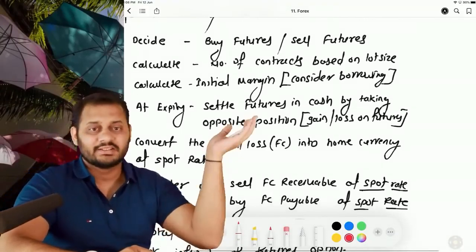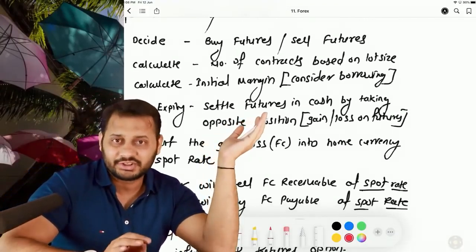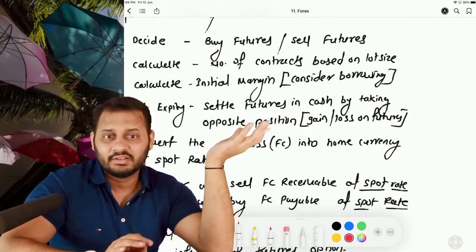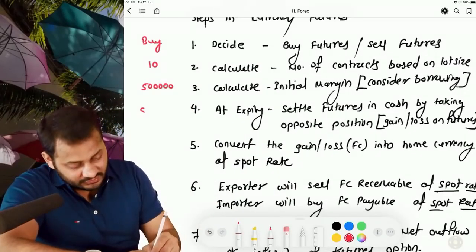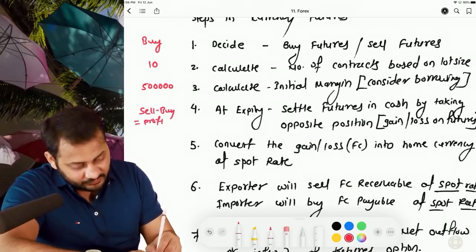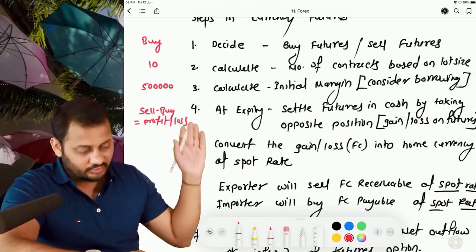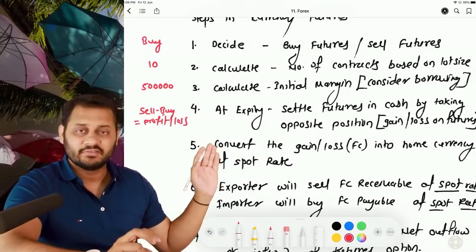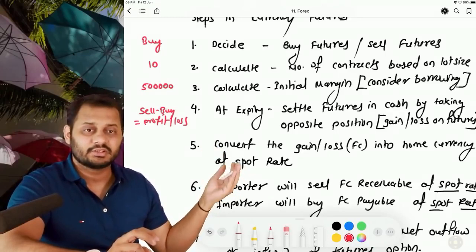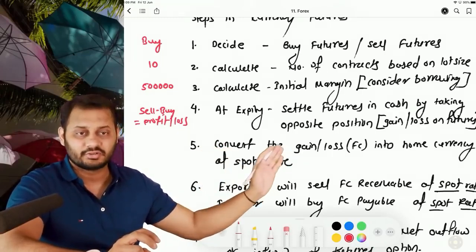See, you will settle the futures in cash by taking the opposite position. You had a buy position, you settle it with sell position. So sell minus buy will be your profit or loss. So this will be your profit or loss in futures. Then the real cash flow that you will receive from your customer, or you will pay to the customer, you will convert that gain or loss.